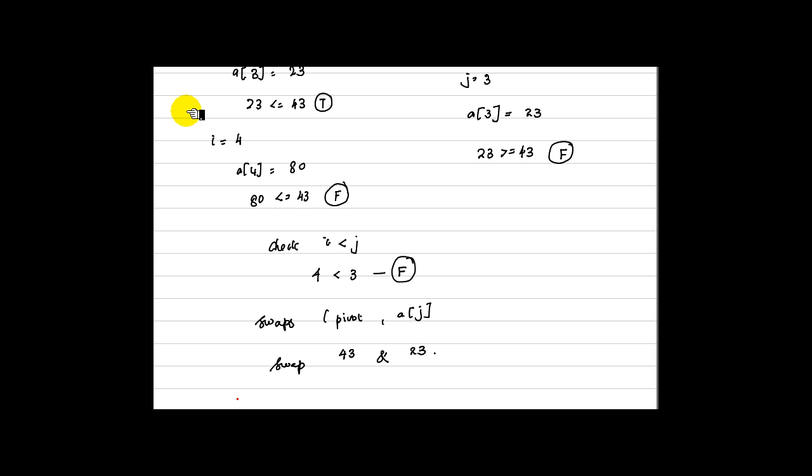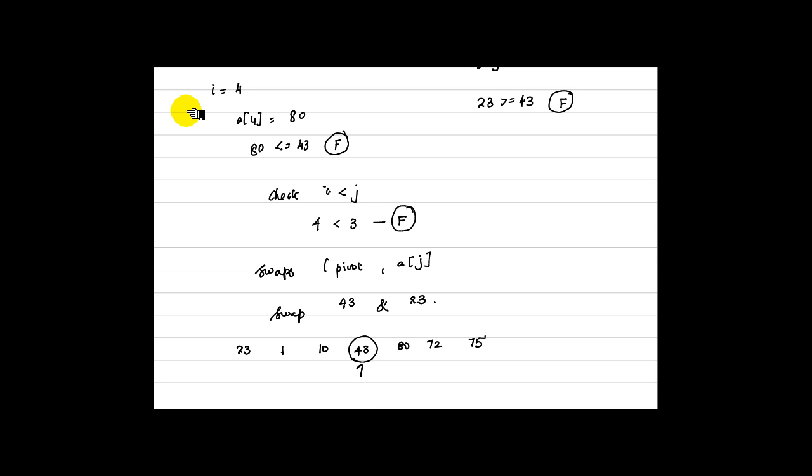Hence, we have 23, 1, 10, 43, 80, 72 and 75. Now this pivot element is in the correct position, because the numbers after this are greater than 43 and the numbers below this are less than 43. So this is our left partition and this is our right partition.